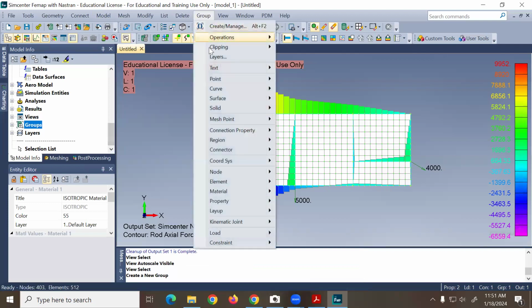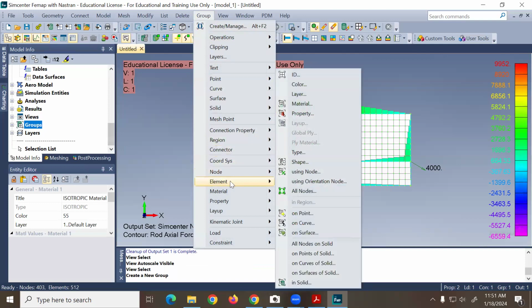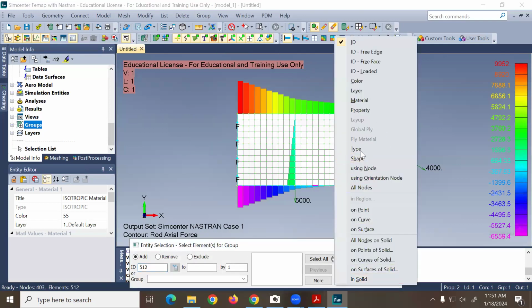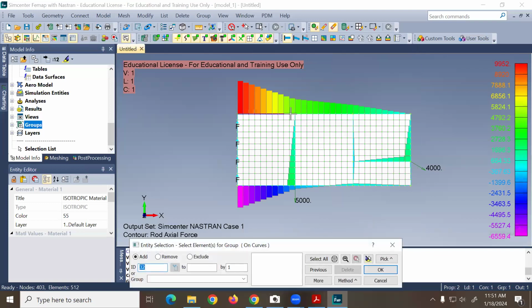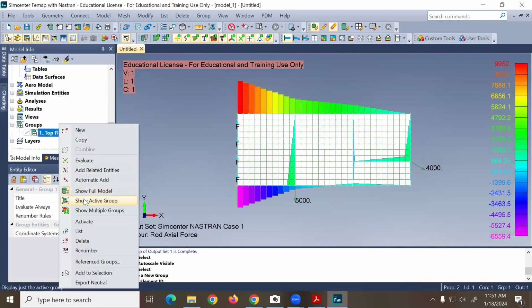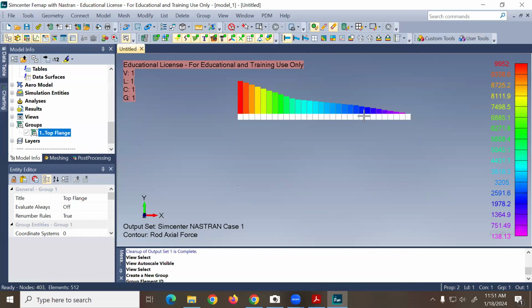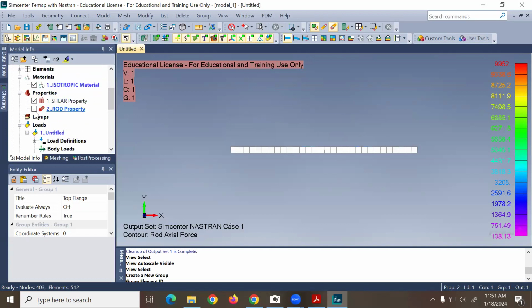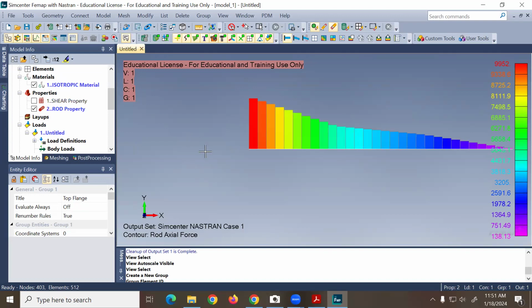Now you go to group, elements, ID, method, on curve, select the top curves. Okay. Now you can come to the group, double click on the group, right click, show active group, and then we just show it to you. I mean, it also took the shear, but that will be the distribution, okay?